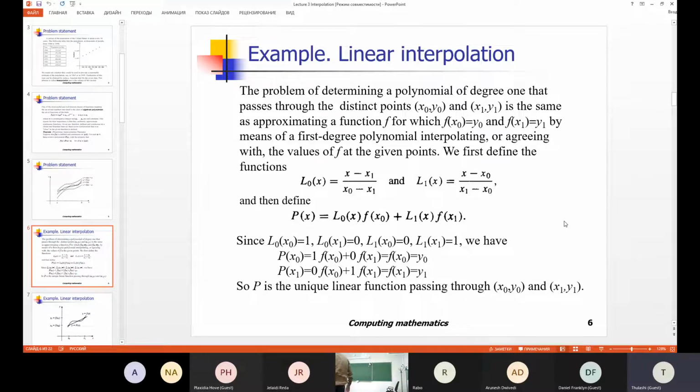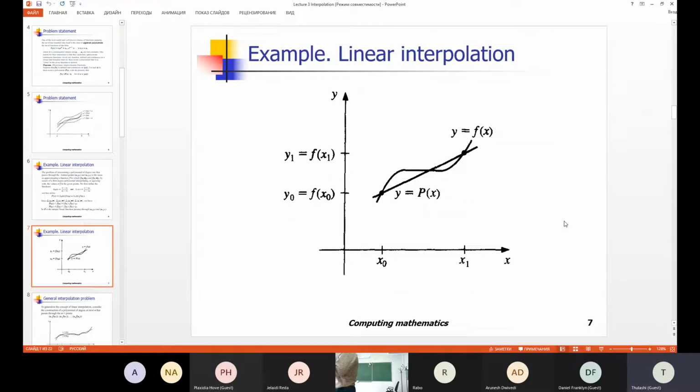And if you have some concrete numbers, x0, x1, y0, y1, you can find an equation of the line that passes through these points.